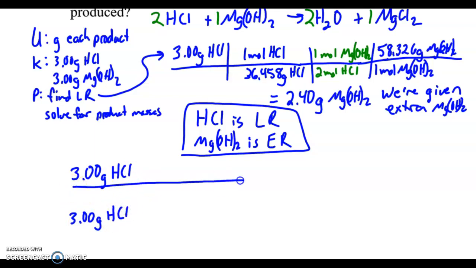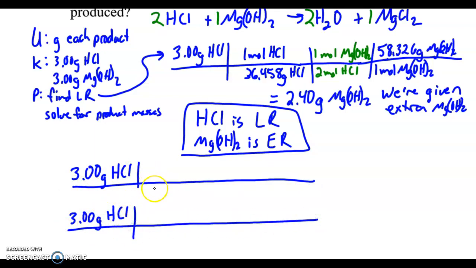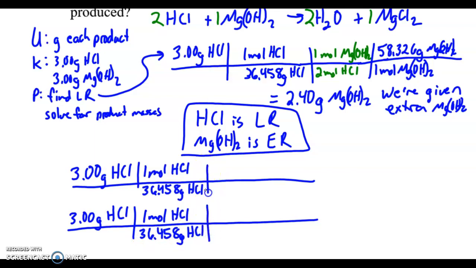I'm going to do one of these to solve for water and the other one to solve for magnesium chloride. The start will be the same for both because we're still going to go to moles. So we're going to get 2 moles of HCl.